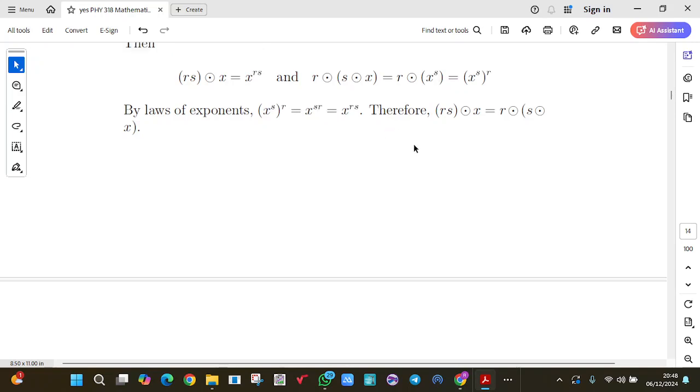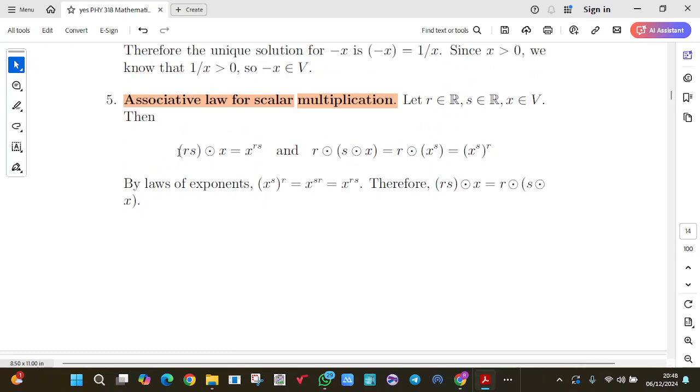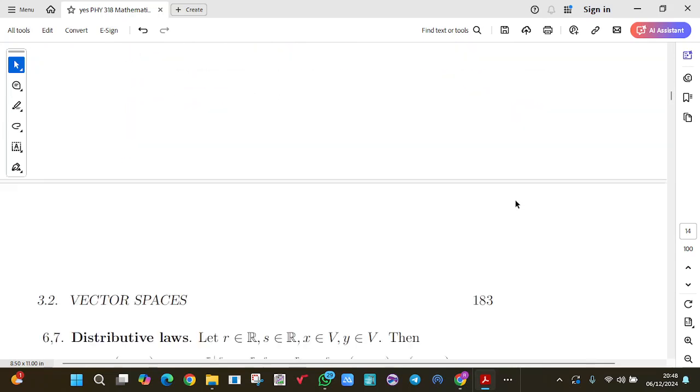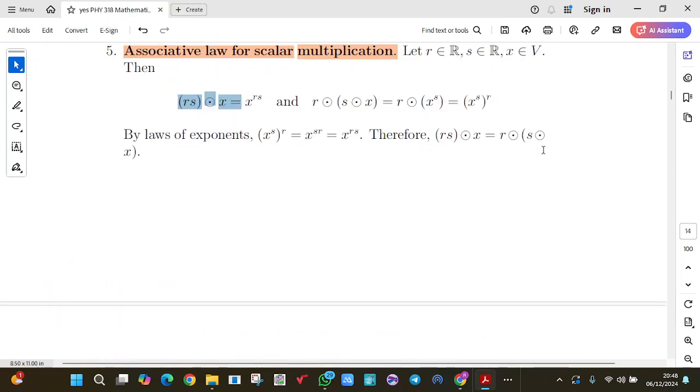Therefore, what have we seen? We have seen that this is equal to this, so the left hand side is equal to the right hand side. So we have proven the associative law under that definition.